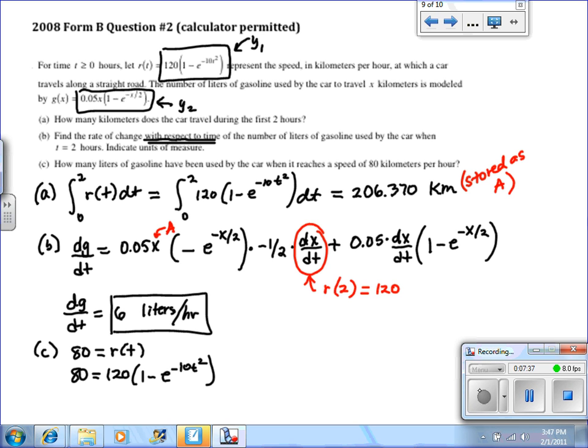And adjust your window, just make sure that your maximum definitely goes up past 80, so make it maybe 100. And your X max, 10 should be fine. Oh, it's much smaller than 10, so let's see. Make the window 3.